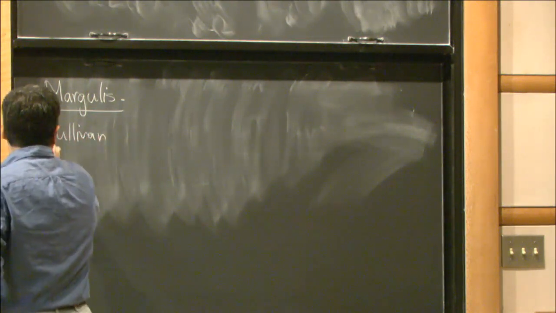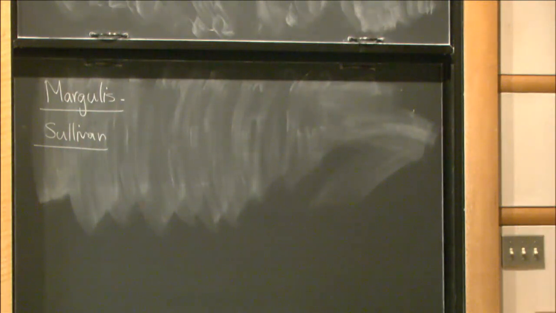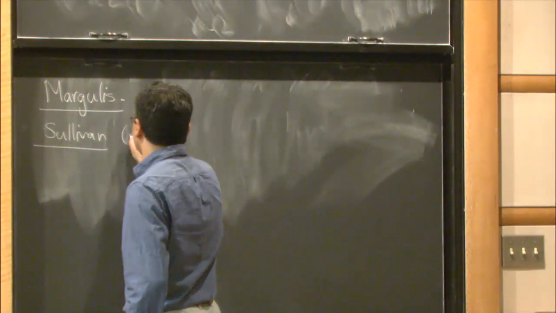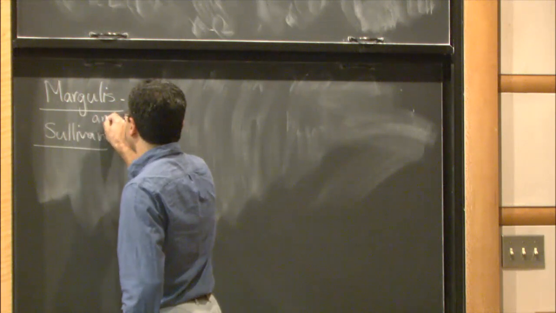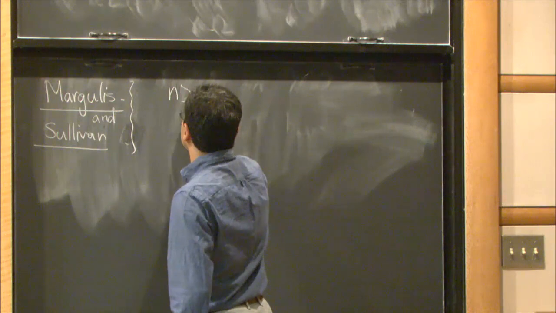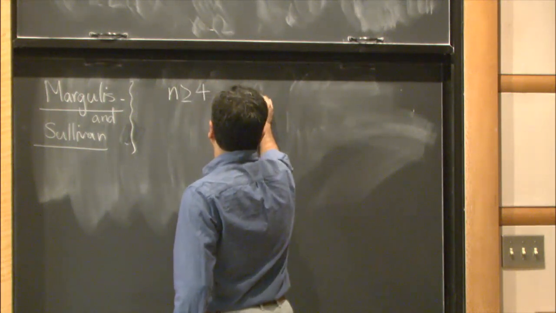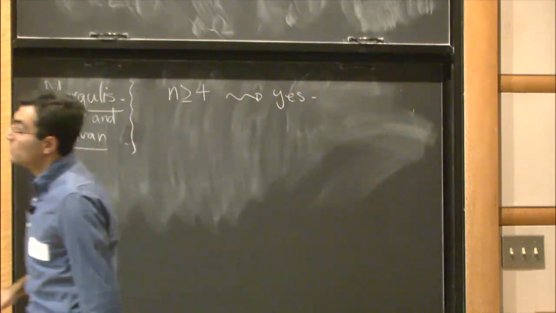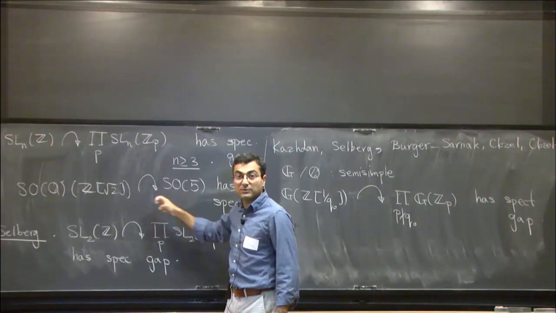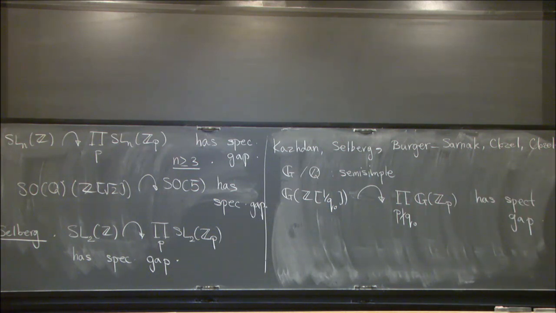They proved more. Margulis also answered this not only for a sphere, but for R^n as well, independently, that the answer is yes if n is at least 4. And they used this; for instance, you can use this kind of example for SO(5). This group has a spectral gap.